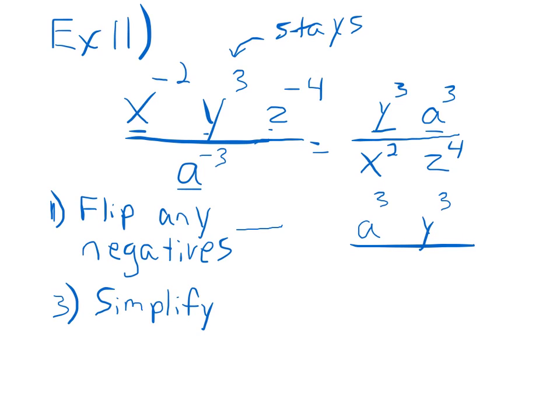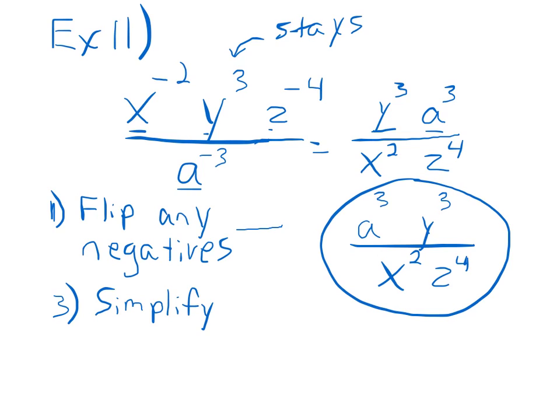If you did not know that, come see Miss Declan or me after school. Okay, and then what comes first, X or Z? X does. So X squared, Z to the 4th. Okay, so that is the answer. In alphabetical order, no negative exponents, no zero exponents.